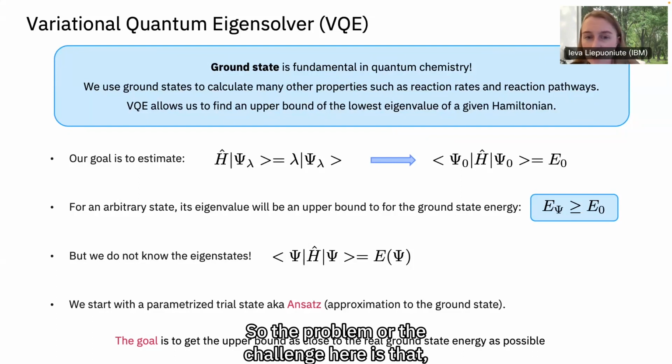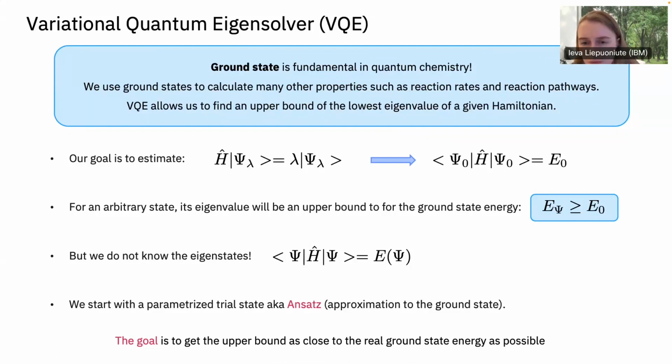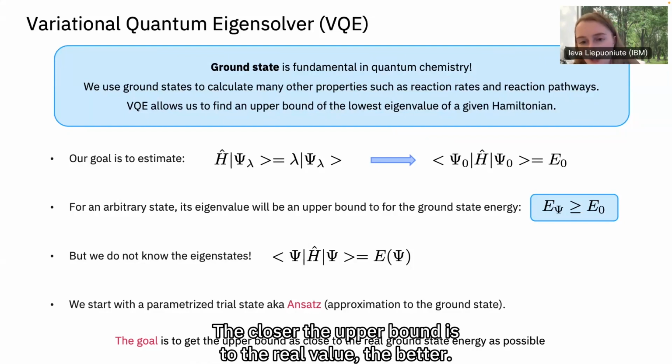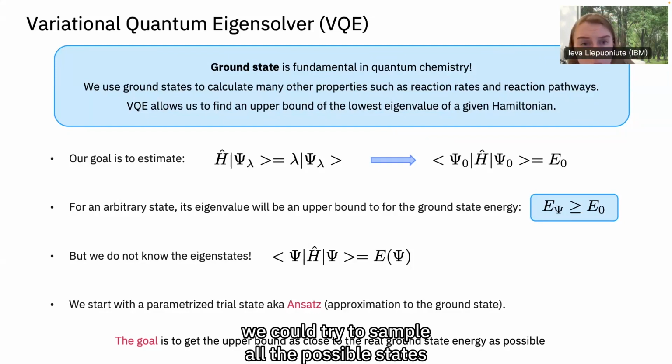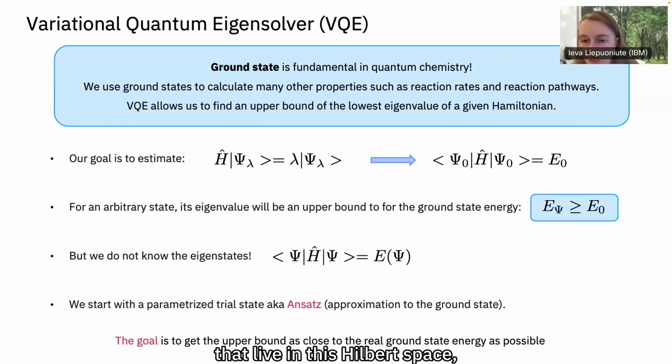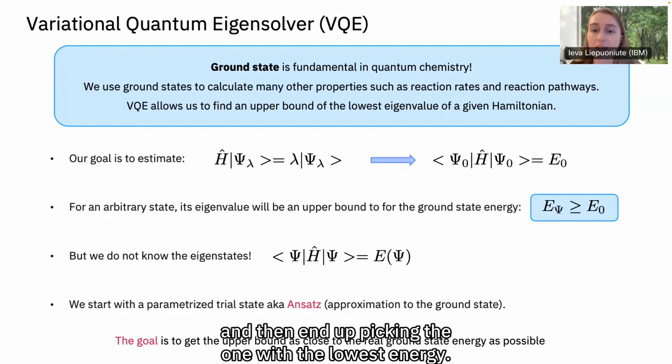So the challenge here is that just knowing the upper bound doesn't really give us much benefit, right? The closer the upper bound is to the real value, the better. So in principle, we could try to sample all the possible states that live in this Hilbert space and then end up picking the one with the lowest energy.